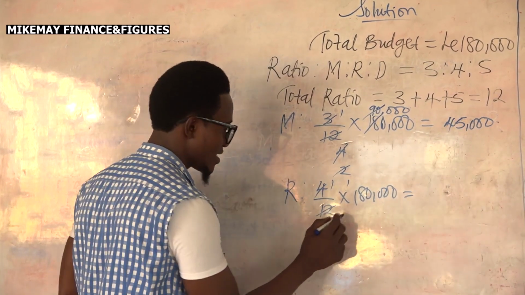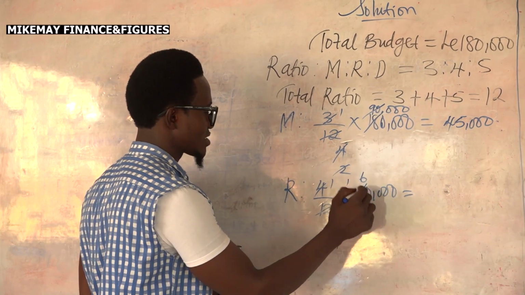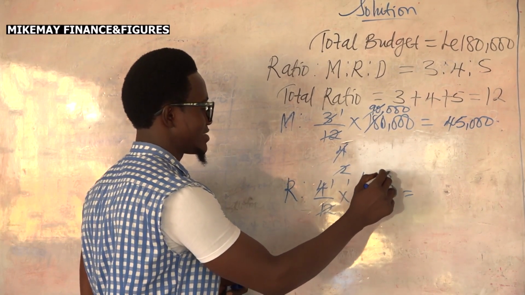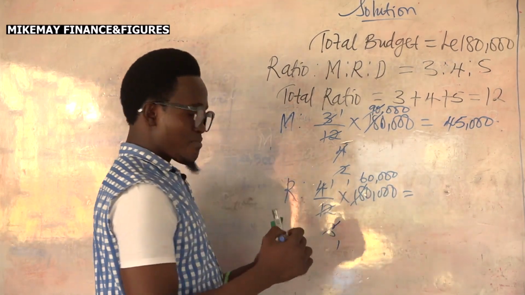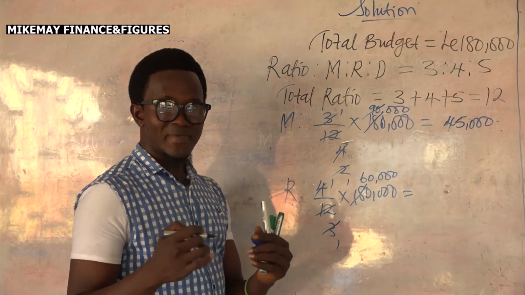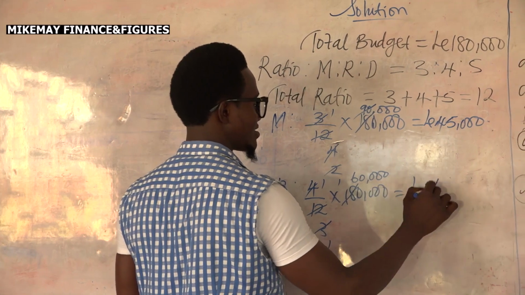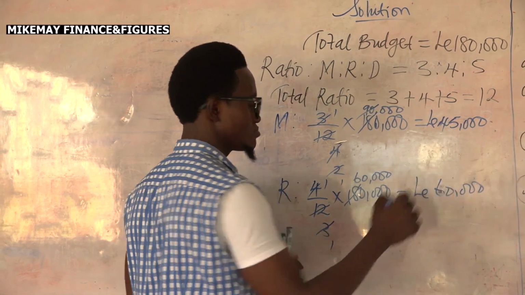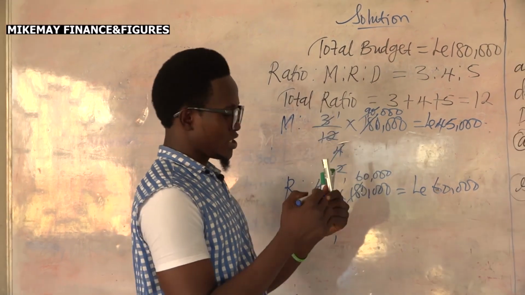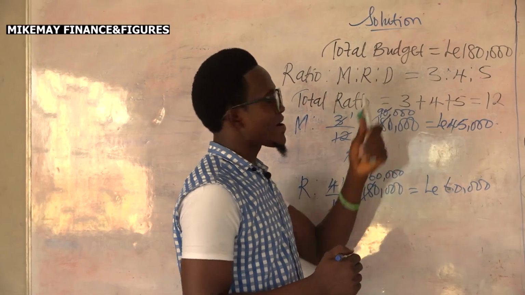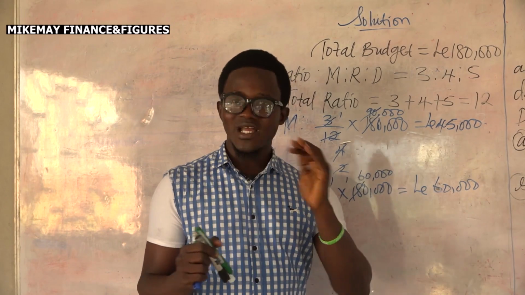Check out how many 3s are in 18. 3 into 1 into 18 is 6. So add 0 and the 3 zeros behind. So basically, the amount that should be allocated to research department is 60,000 leons. Now, to find out how much is to be allocated to the development department, you can do that in 2 ways.